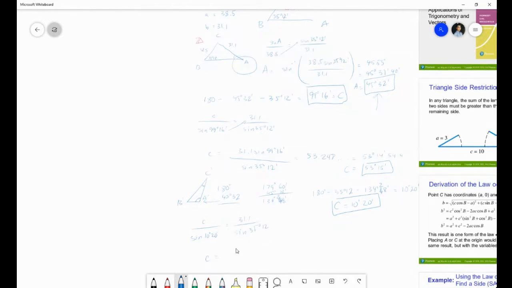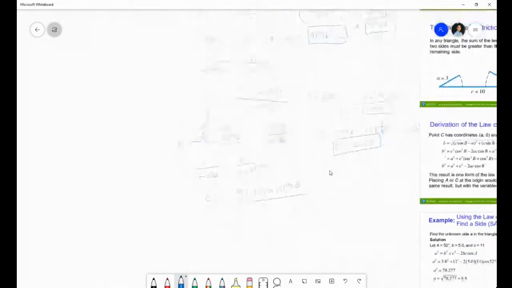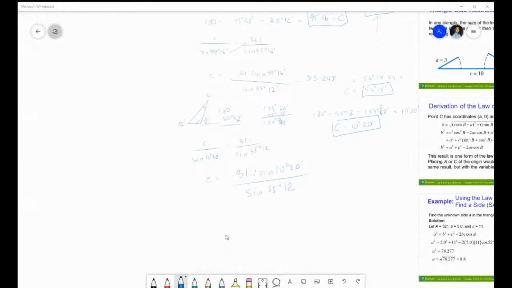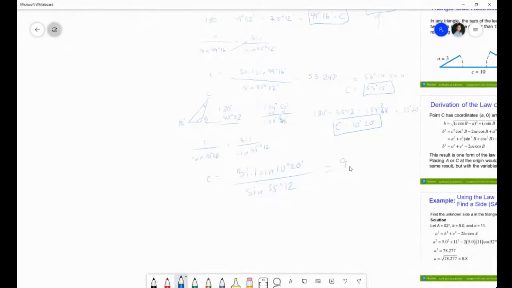So C equals 31.1 sine of 10 degrees 20 minutes divided by sine of 35 12. Okay, plug all that into your calculator, and I got 9.67.